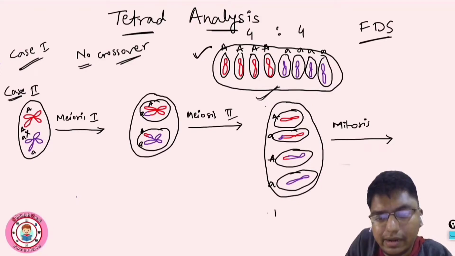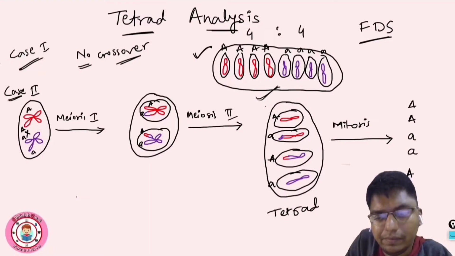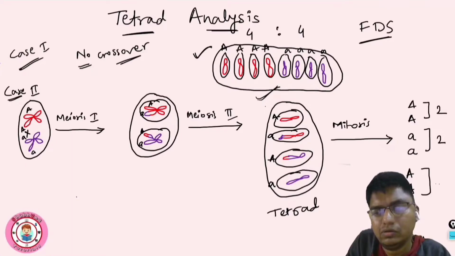This is a tetrad. I will just write down here what will come after mitosis: AA, then aa, then AA, then aa. So this will be the octad. This ratio is 2, 2, 2, 2.